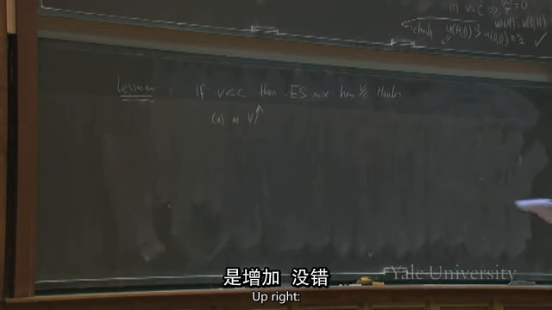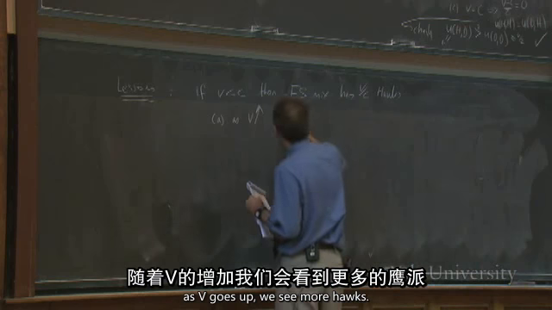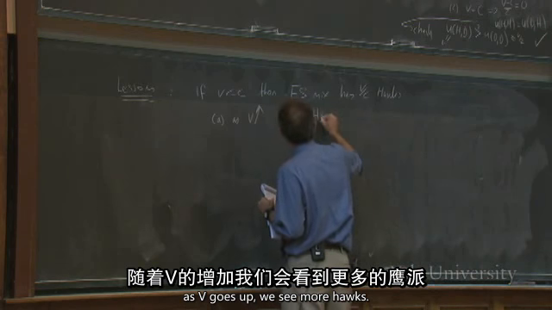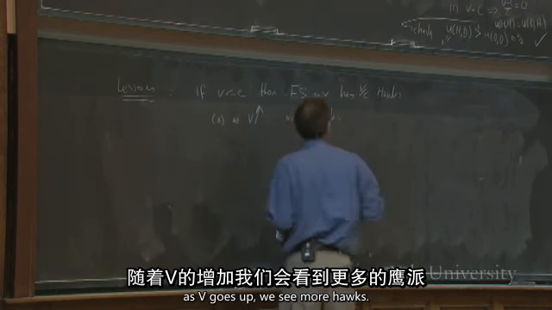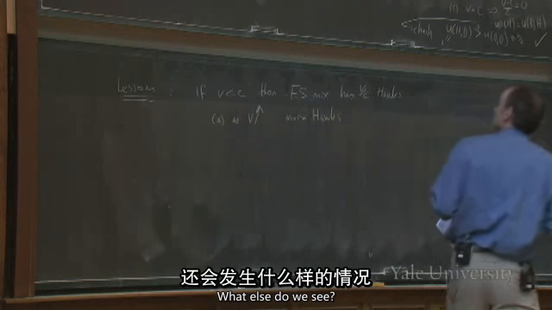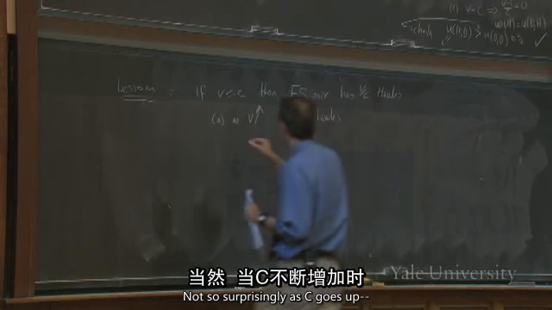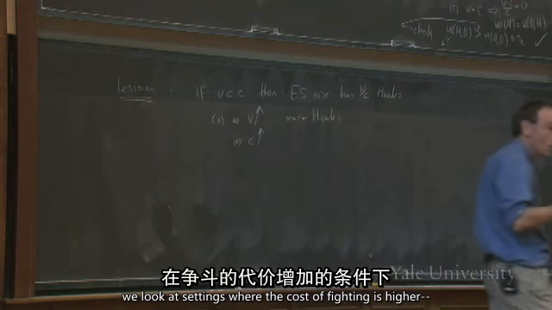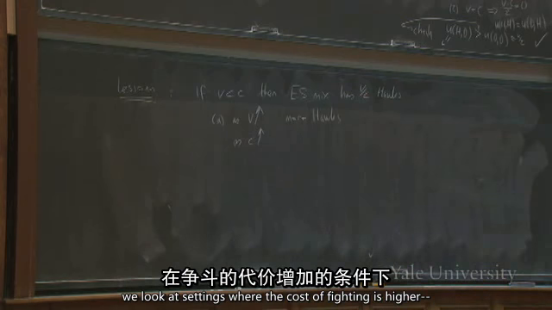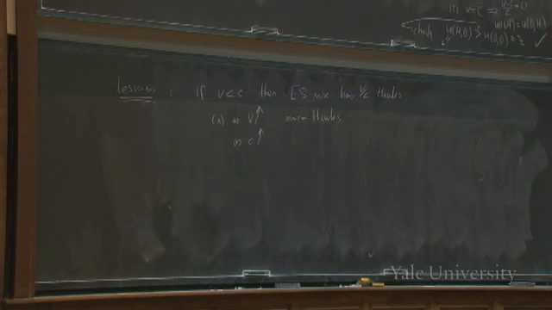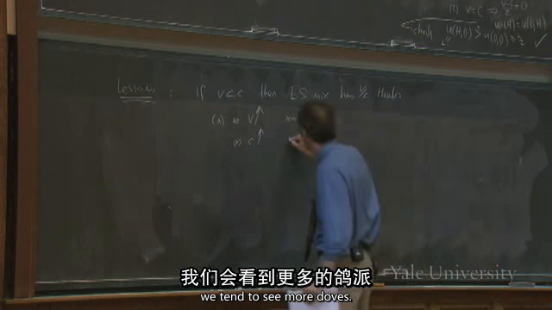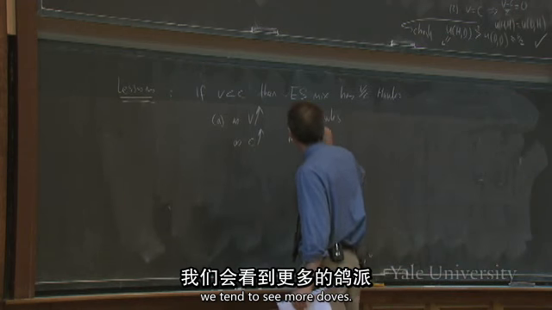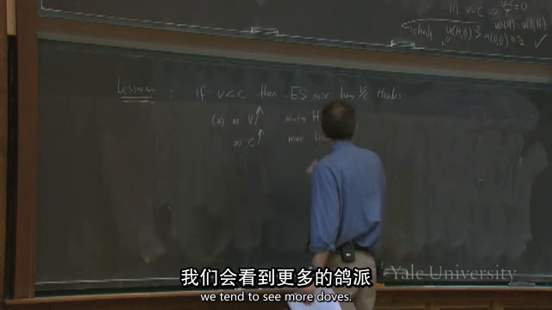As V goes up, we see more hawks. All right, what else do we see? Not so surprisingly, as C goes up, if we look at settings where the cost of fighting is higher, we tend to see more doves.